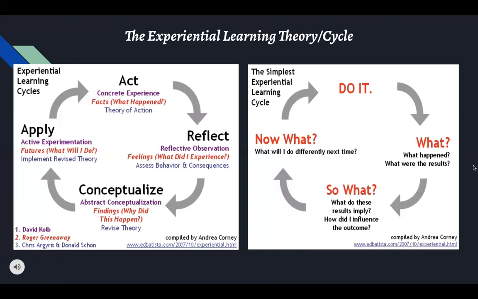Okay, so as we look at these cycles, they play a huge role in the understanding of the experiential learning theory and process, or cycle if you want to think about it like that. But what's important that we're going to be talking about in the next slide, which will be our last slide, is that the theory focuses on two different levels, okay? Like the one we had just explained, where there's a 4-stage cycle of learning, okay? We have the concrete experience, reflective observation, abstract conceptualization, and active experimentation.